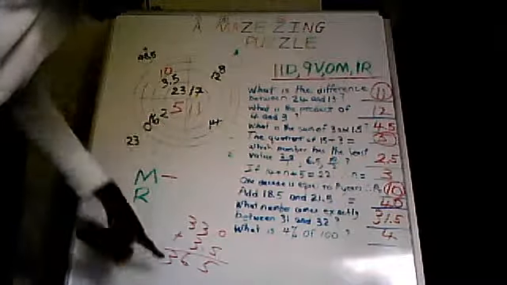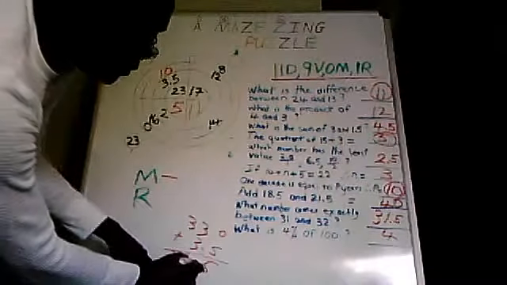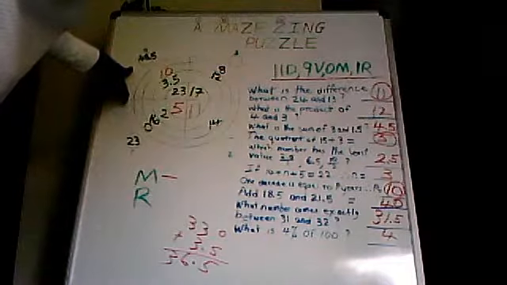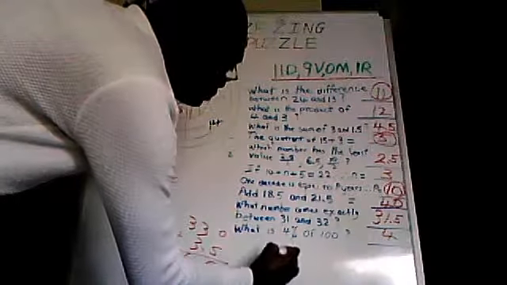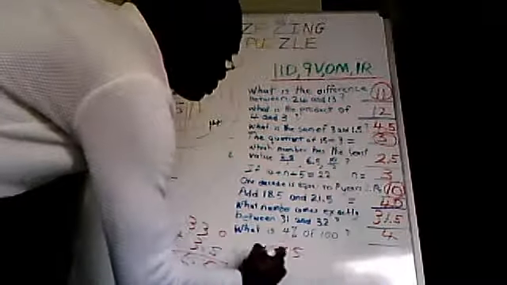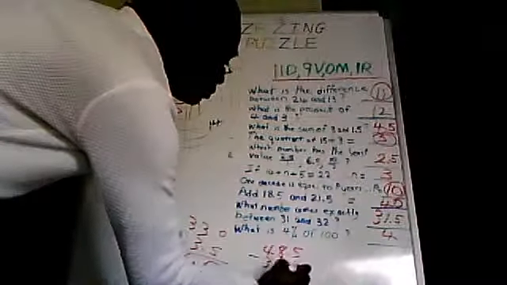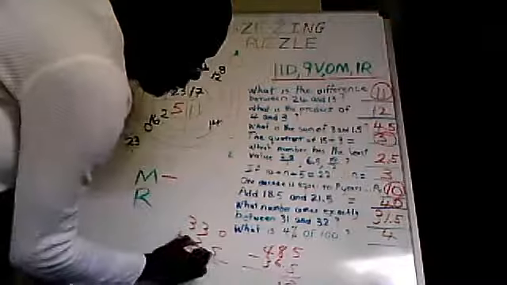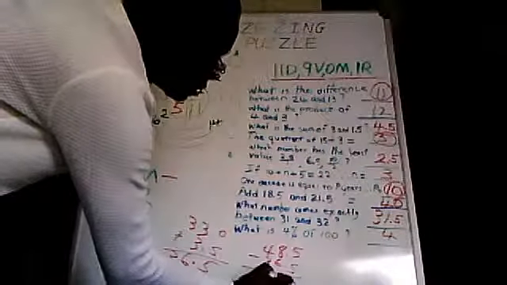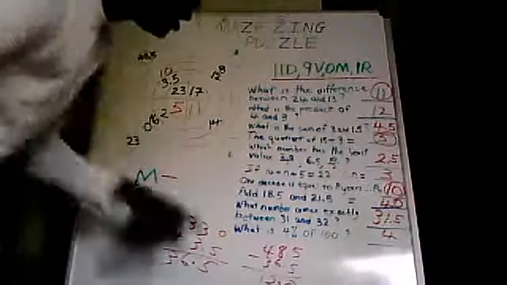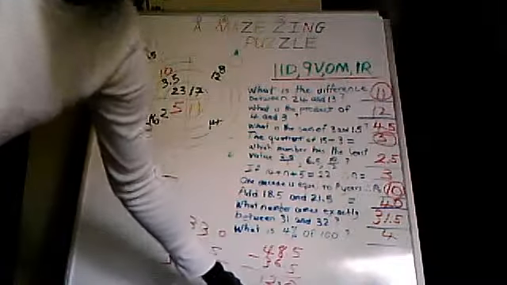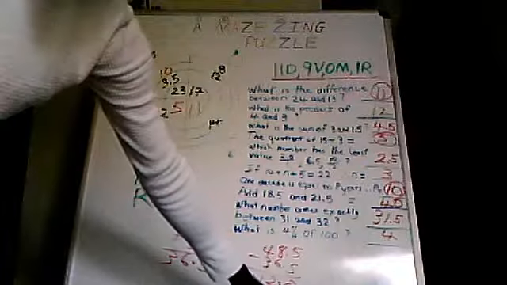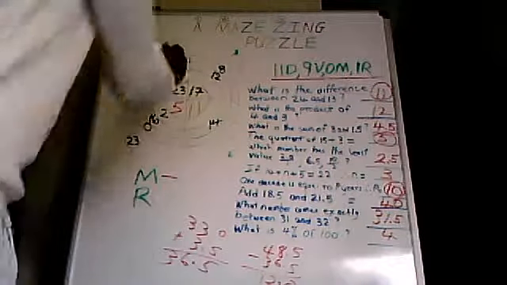So what do I add to 36.5 to get 48.5? 5, subtract 5, 0. Put your point. Remember, put your point. 8 take away 6, that's 2. 4 take away 3. So the answer is 12.0, and I can just say 12. You do not have to put the point 0 because it has no value.